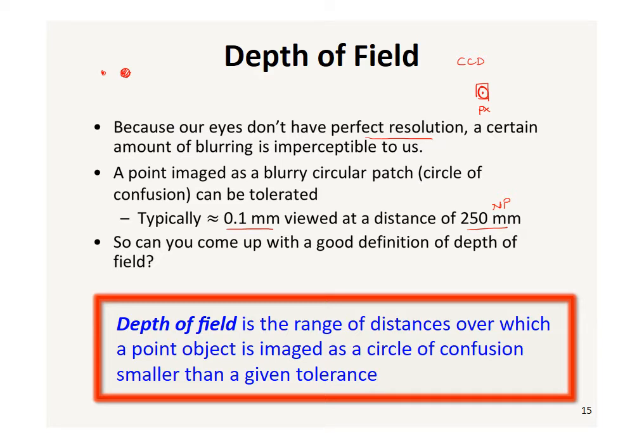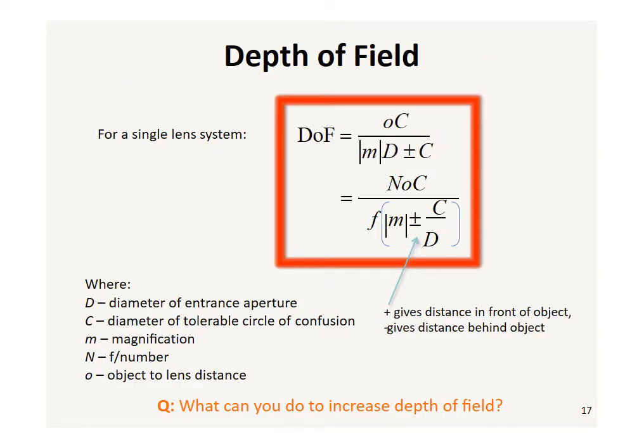So the depth of field is the range of distances over which the object can be moved and still be seen as sharp, because the circular patch, known as the circle of confusion, is smaller than our tolerance.